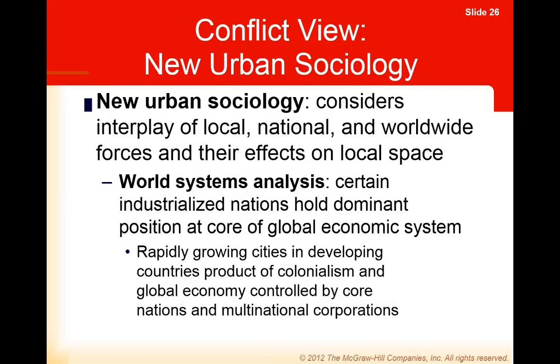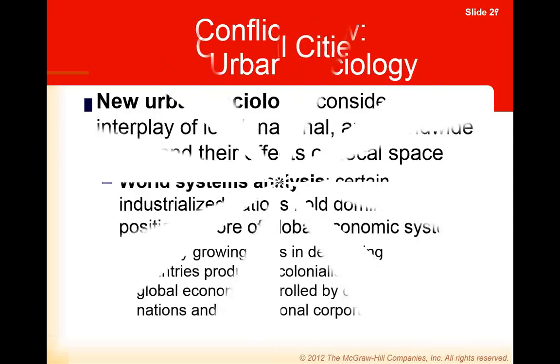I think they're tied with Belgium. So, multinational corporations. World systems analysis essentially looks at the relationship between developing nations, developed nations, and multinational corporations as one in which the developed nations and multinational corporations exploit the developing nations for wealth and resources.